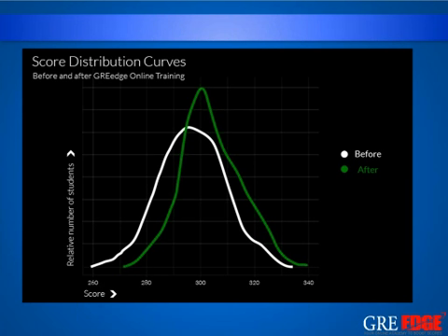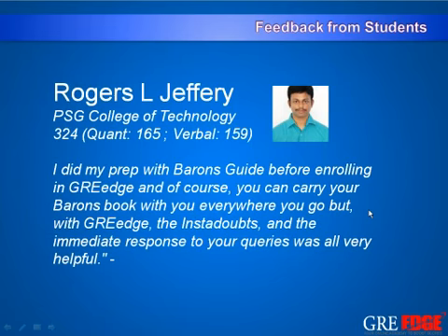Okay. People who had 300, we were able to make them reach 315, and people who had 320, we were able to make them reach 330. Now we'll be able to definitely help you boost your GRE scores. I'm pretty confident about that, and there are many other guys who are like you who are confident about that.